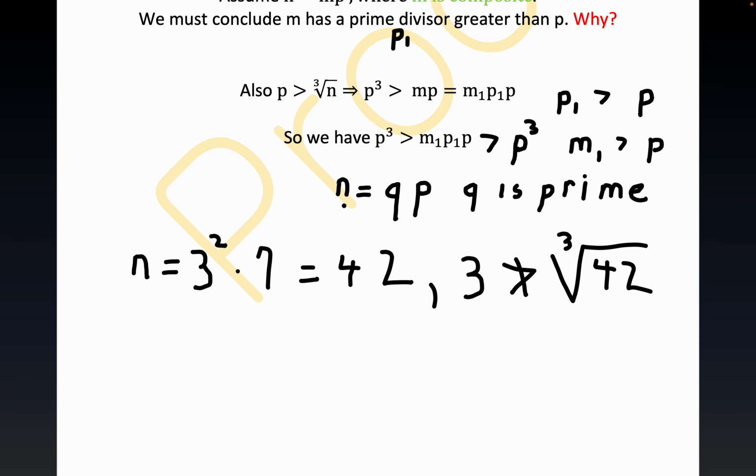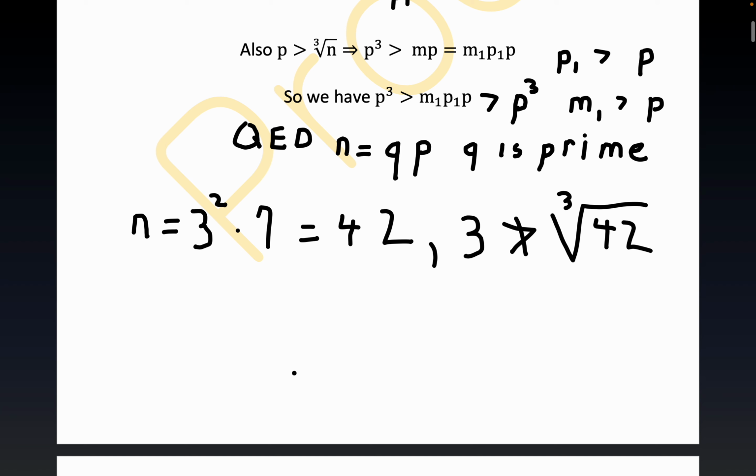Okay, folks, and by the way, this completes the proof right here. I should have written QED right here, but I'm just going through some concrete examples right now. This contradiction means that N has to be the product of 2 primes. Now let's look at one other example here. And notice, y'all, the cubed root of 42 is definitely greater than 3, since 42 is greater than 27, right?